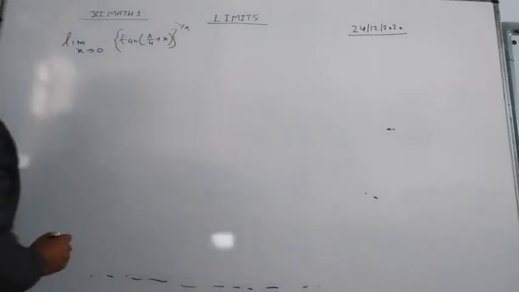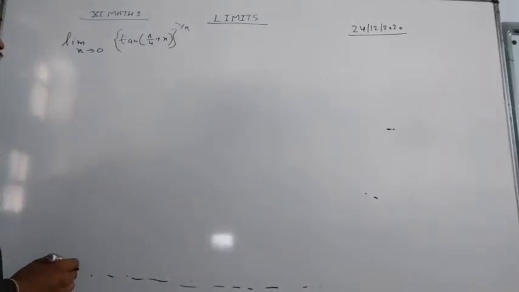So this is our question, student. Limit x tends to 0, tan(pi by 4 plus x) to the whole power 1 by x.